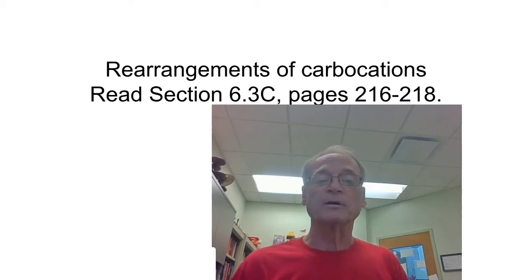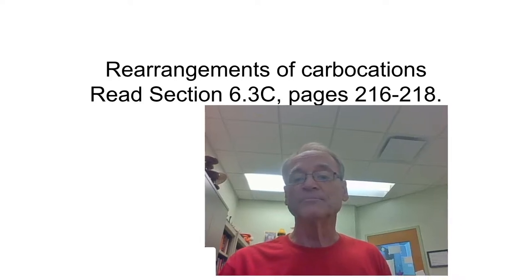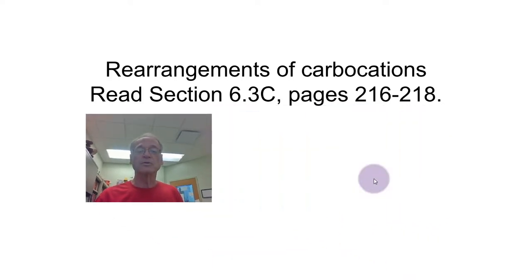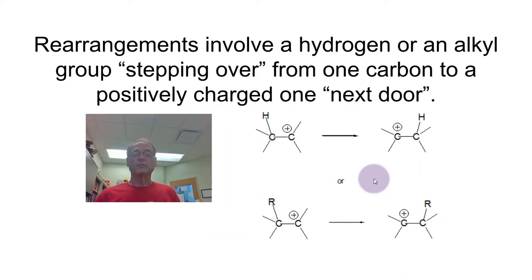Okay, so now let's talk about rearrangements of carbocations. Once a carbocation gets formed, it can undergo a rearrangement. If you haven't already read it, read section 6.3c on pages 216 through 218, which talks about carbocation rearrangements. So what is a rearrangement? If you have a positive charge on a carbon, and you happen to have a hydrogen next door to it, that hydrogen can literally step over.